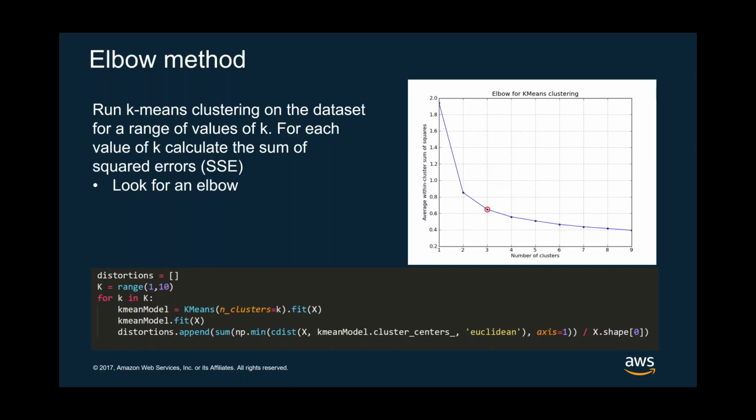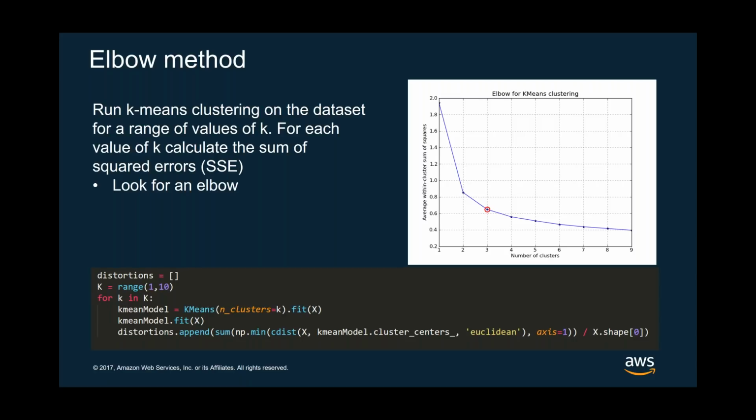And you simply visually look to see if there's something that looks like an elbow. On this particular chart, we see an elbow around 3. That's where, as we begin to add more and more clusters, there's less and less benefit to adding to the number of clusters.